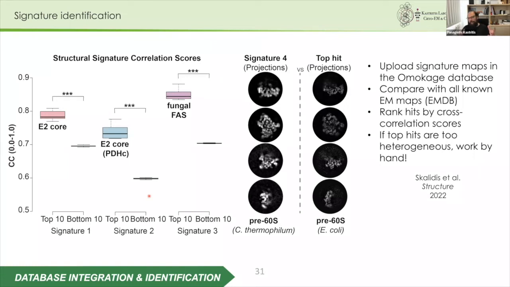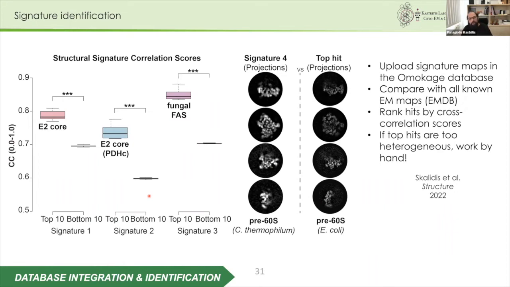Given a map, it cross-correlates your map to the whole EMDB, which has deposited electron microscopy maps, but also to PDB structures and their shape.